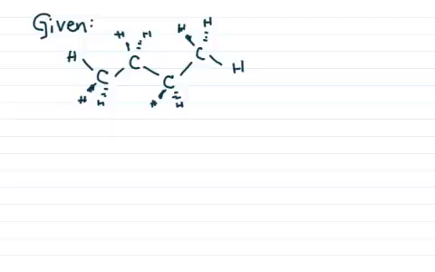So how would I draw this shorthand? Well, what you do is you get rid of all the hydrogens and you only represent the carbons by the bumps. So right here, this carbon-carbon, you represent that bond. This carbon-carbon, you represent the bond. And this carbon-carbon, you represent the bond. So what you're left with is this shorthand.